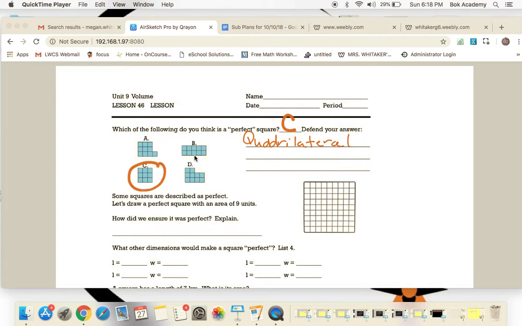You'll have to excuse my handwriting, it's not as good as Mrs. Linder's. And what is a regular quadrilateral? It has the following attributes. It has 4 equal sides. It has 4 equal angles, which are right angles, or 90-degree angles.